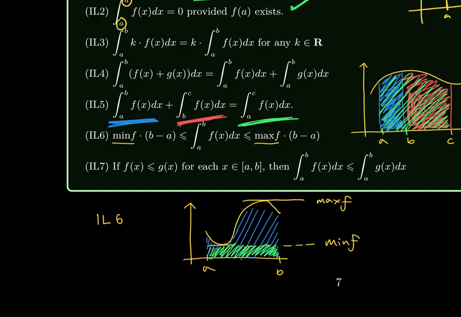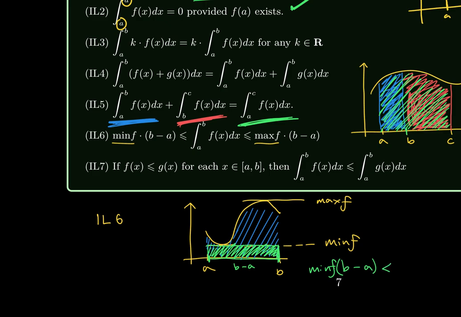Well, it's this length, which would be B minus A, times the height, which is min f. So that would be the area of a rectangle, ladies and gents. And we've proven the area of a rectangle. That is base times height. So this green area would be B minus A times the minimum of f.